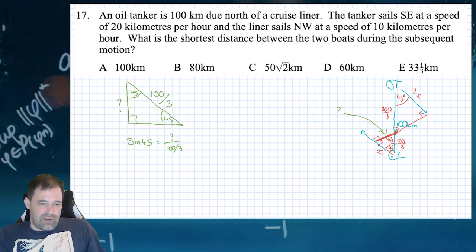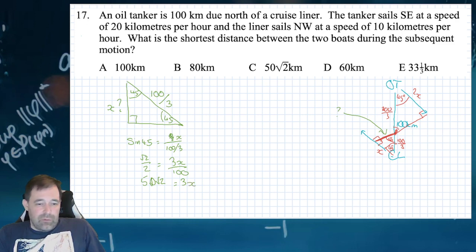So sine 45 is root 2 over 2, equals, I'm going to call it question mark x, equals 3x over 100. So it's going to be 50 root 2 equals 3x.